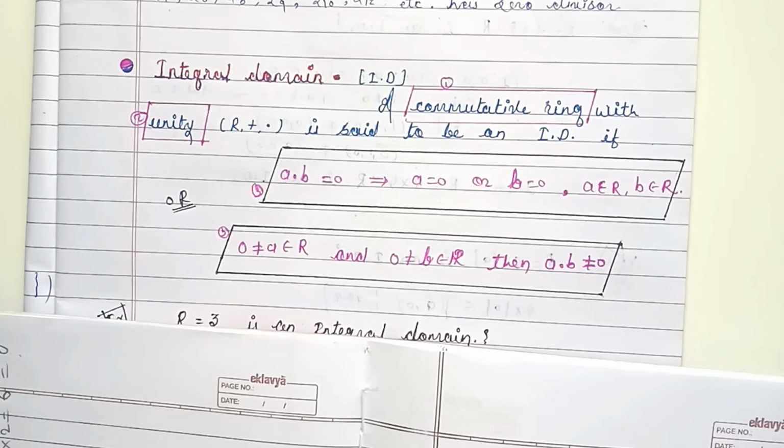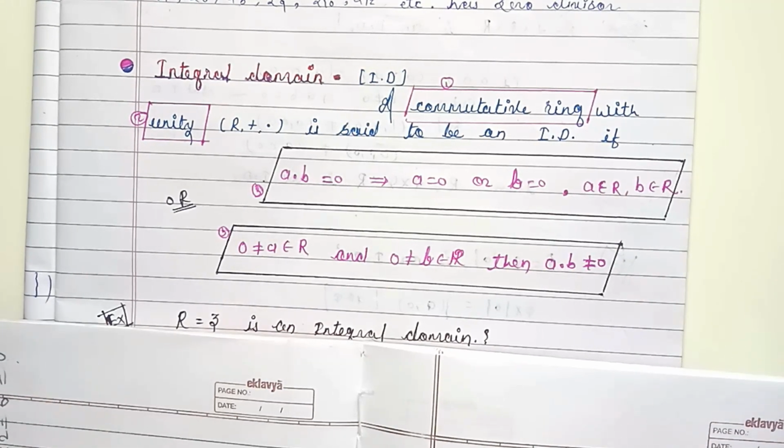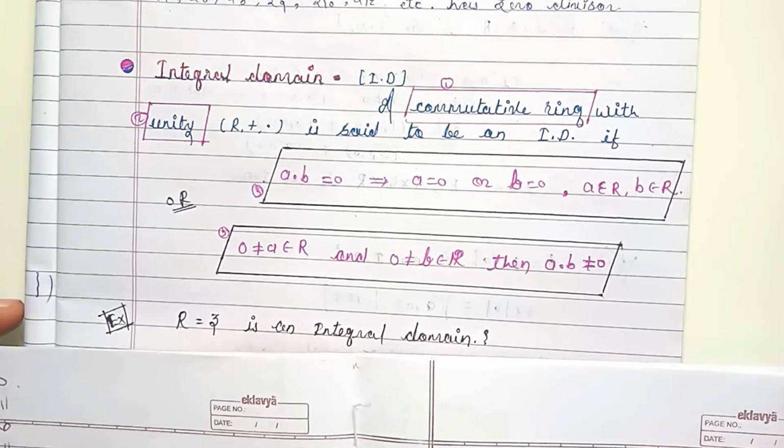Both are the exact opposite of each other. So if an integral domain is there, then obviously we can say a zero divisor is not there. If the integral domain is not there, then a zero divisor is there. These are quite opposite to each other, so it is easier to figure out whether it is an integral domain or a zero divisor.